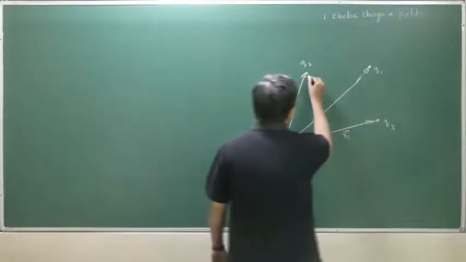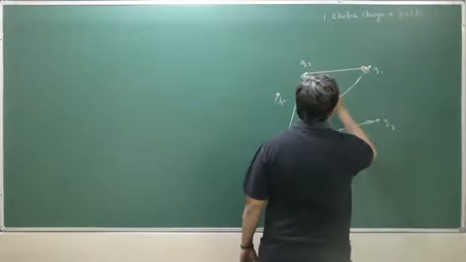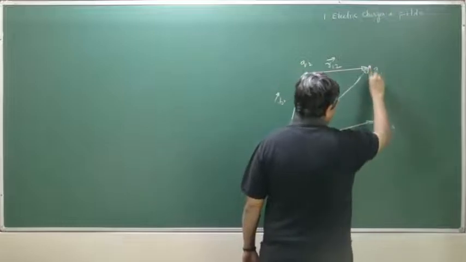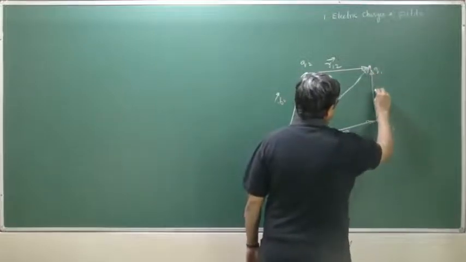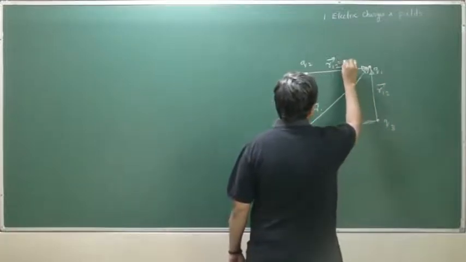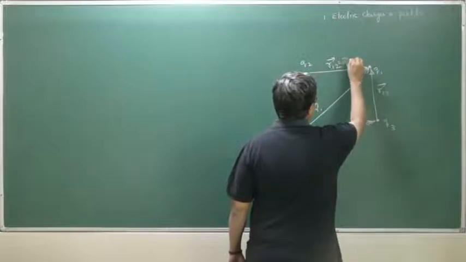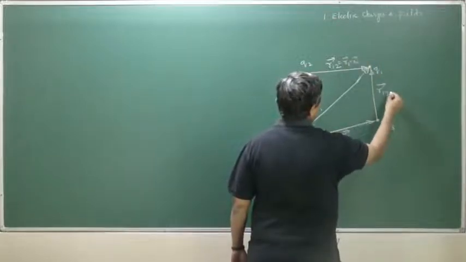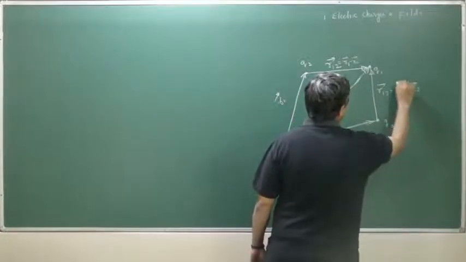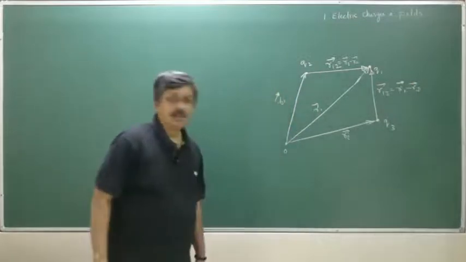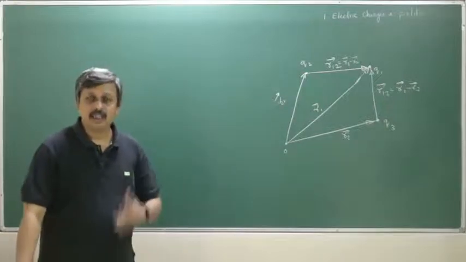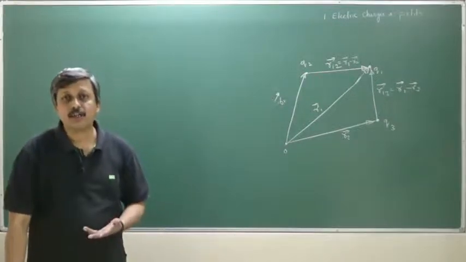So this vector is r12, and the vector that is here is, let us say, r13. r12 is nothing but r1 minus r2, and r13 is nothing but r1 minus r3. All these minus and plus I am talking about in the form of vector addition and subtraction, which you will have to do using either the i, j, k values, or using the parallelogram law.